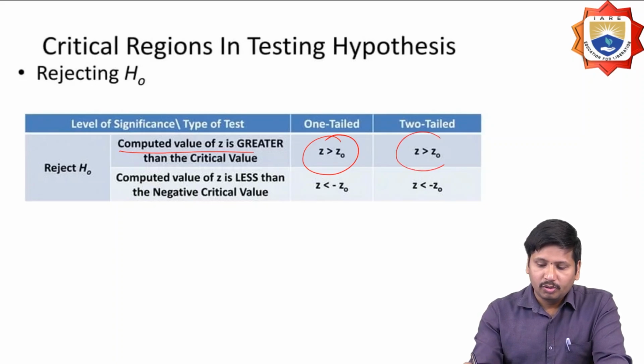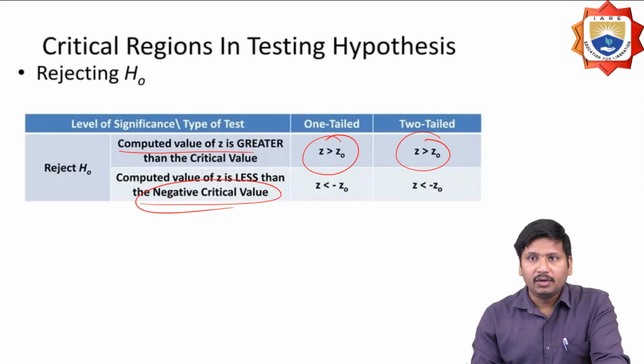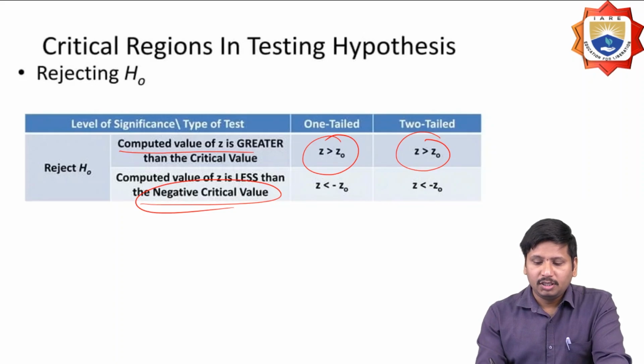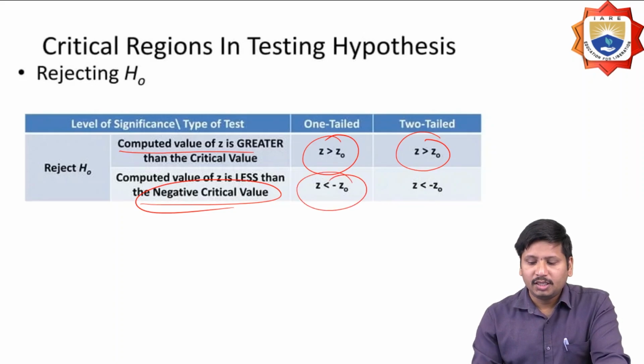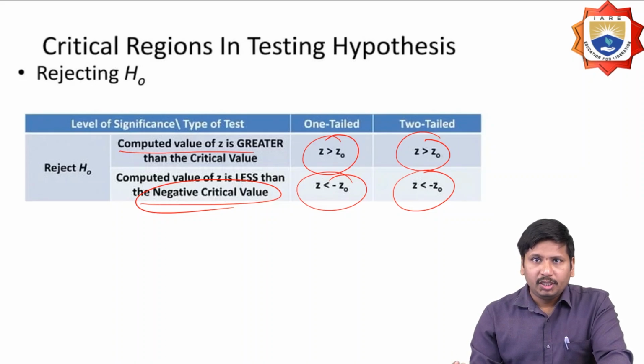This is also the same in the two-tailed test. If the computed value of Z is less than the negative critical value, then it should be Z less than minus Z naught. Like this we can reject H naught.